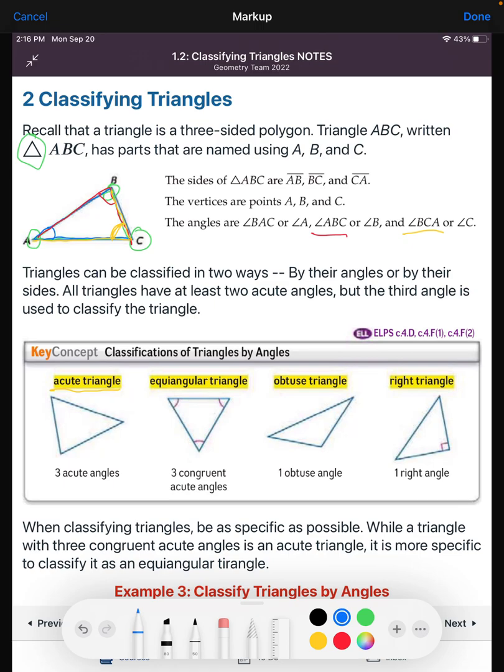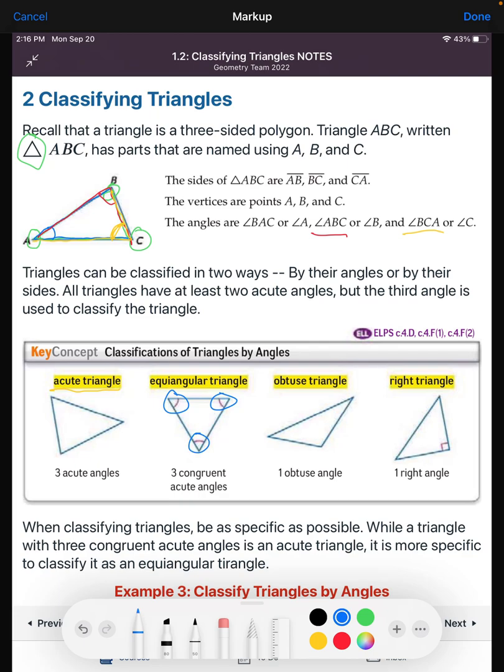An acute triangle can also be an equiangular triangle if all three of the angles are congruent. This notation here shows that all three are congruent. So three congruent acute angles is an equiangular triangle. We would just call it an acute triangle if each of its angles is less than 90 degrees and they're not all congruent.